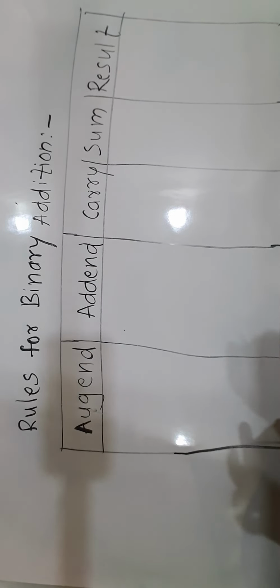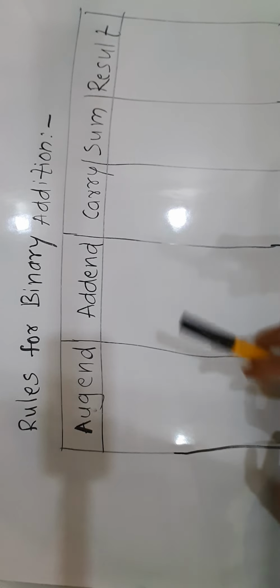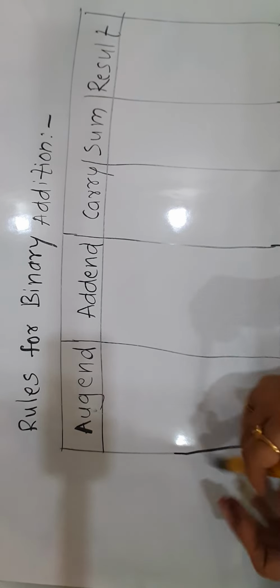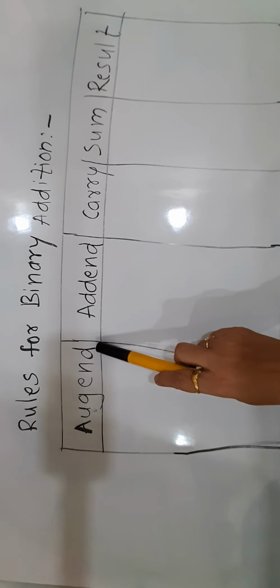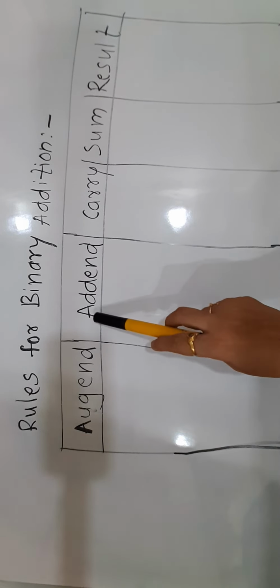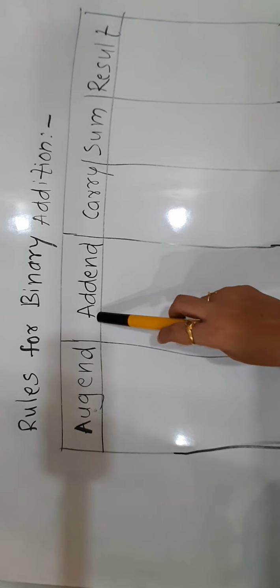If there are two binary numbers and we want to add them, let's see the rules. The first number is called the augend and the number to be added is called the addend.